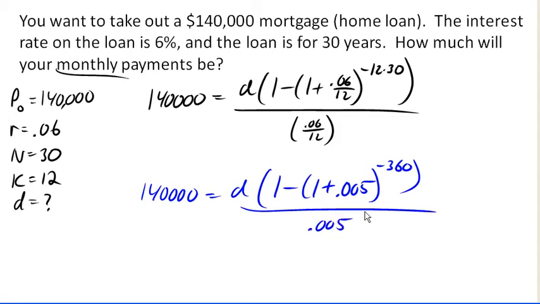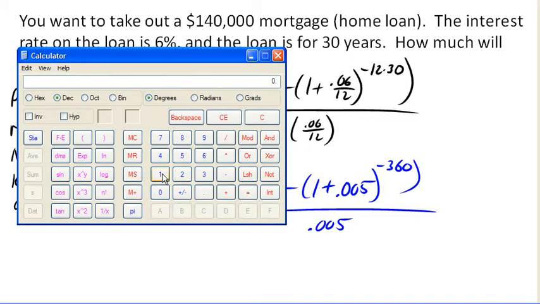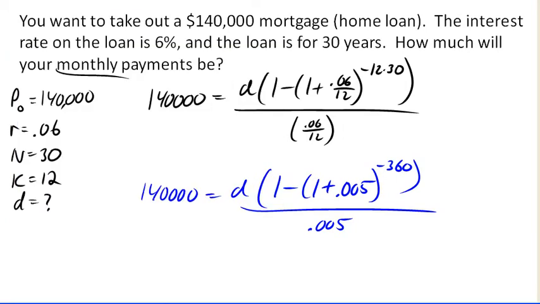Okay, so now let's go ahead and evaluate this. So I've got 1 plus 0.005 raised to the power of 360, make it negative, gives me 0.166 here. So all of this is 0.166, approximately.